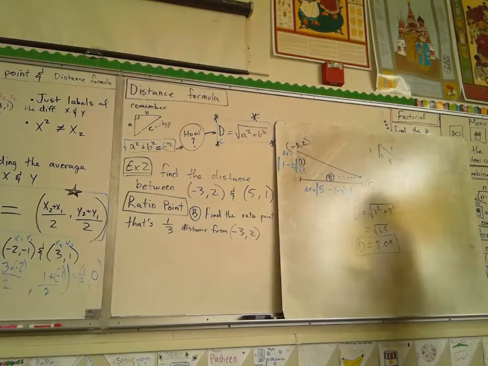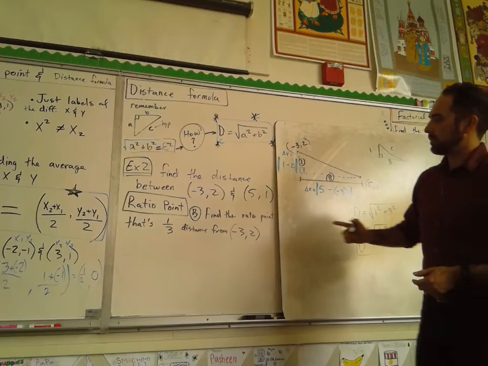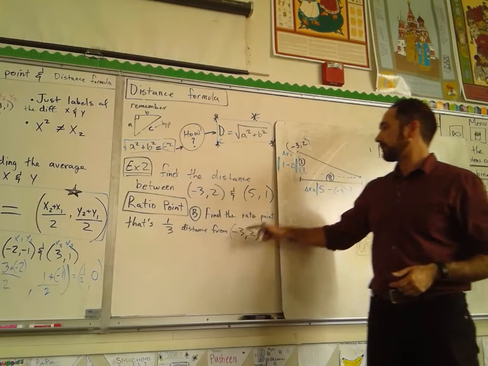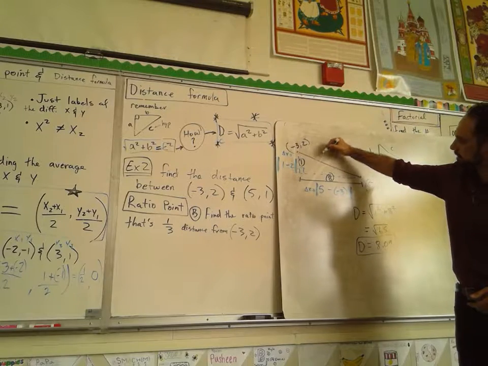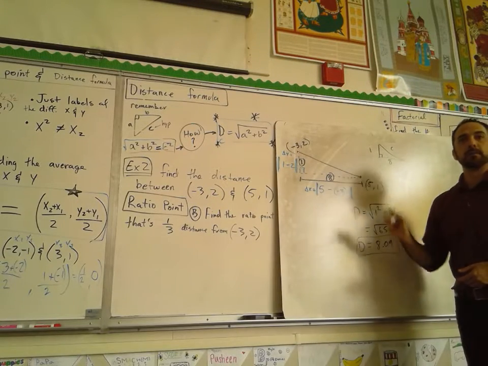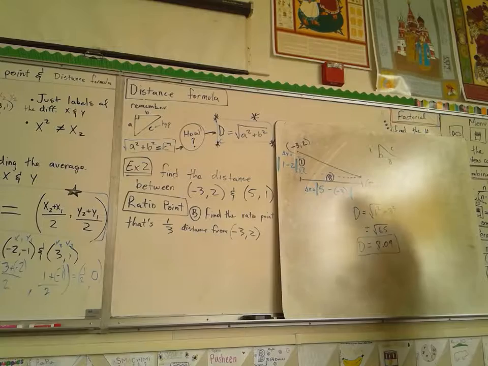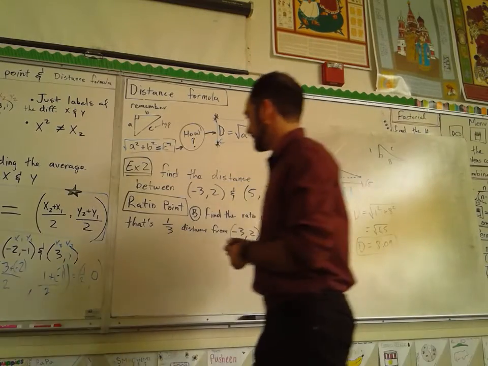Now we're trying to find the point 1/3 of the distance from this top point. Looking at this line segment, it's probably around here, about 1/3 of the way. But to find that point, we need to do this.